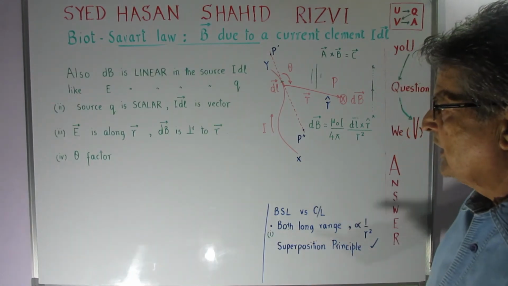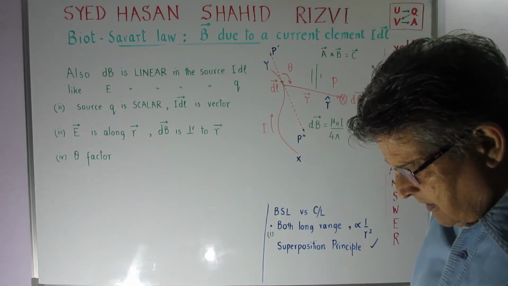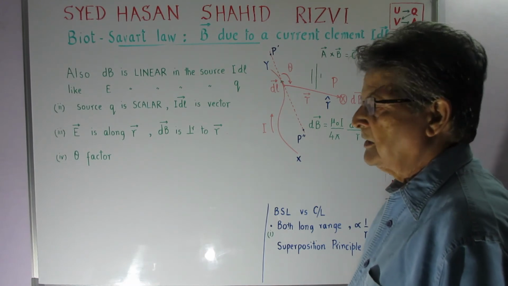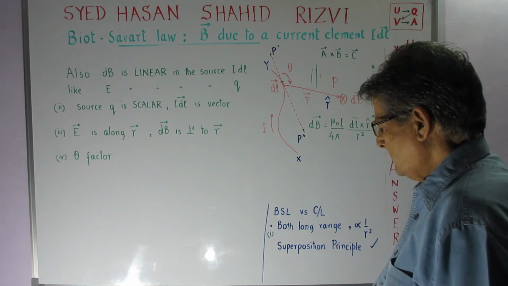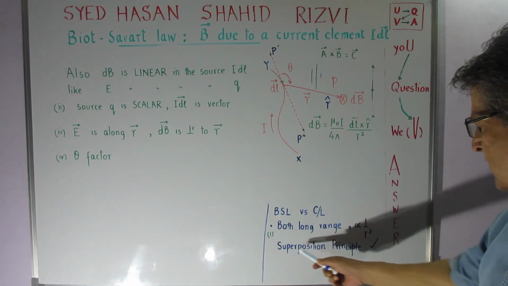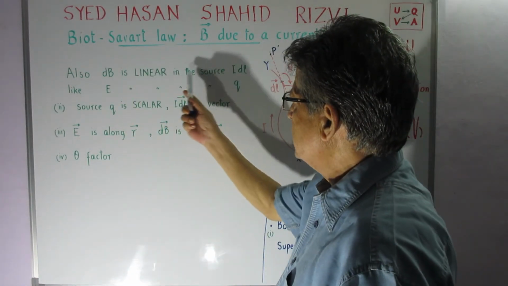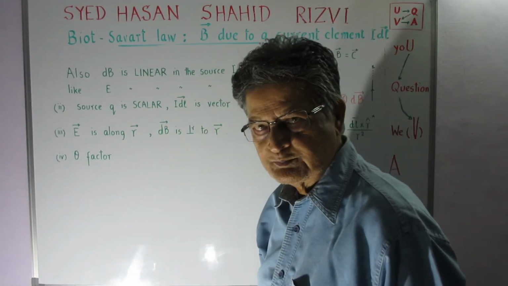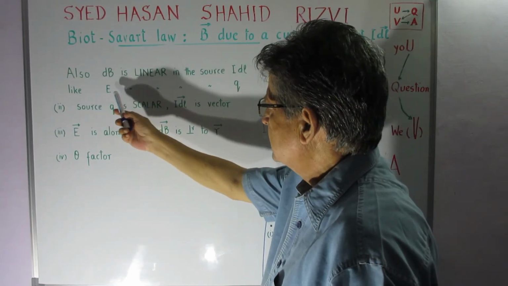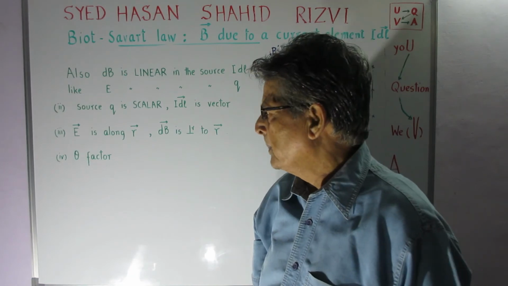So about the various attributes where the Biot-Savart law is akin to Coulomb's law, and where it is different: both are long range, both are proportional to 1 upon r squared, both subscribe to the superposition principle, and dB is linear in the source I dl. It has a linear dependence on the source, just like the electric field has a linear dependence on the source, the charge q.